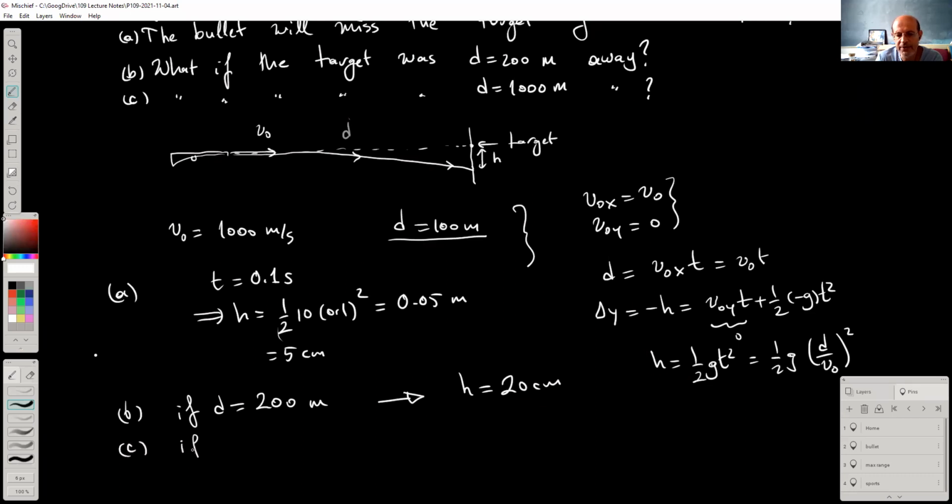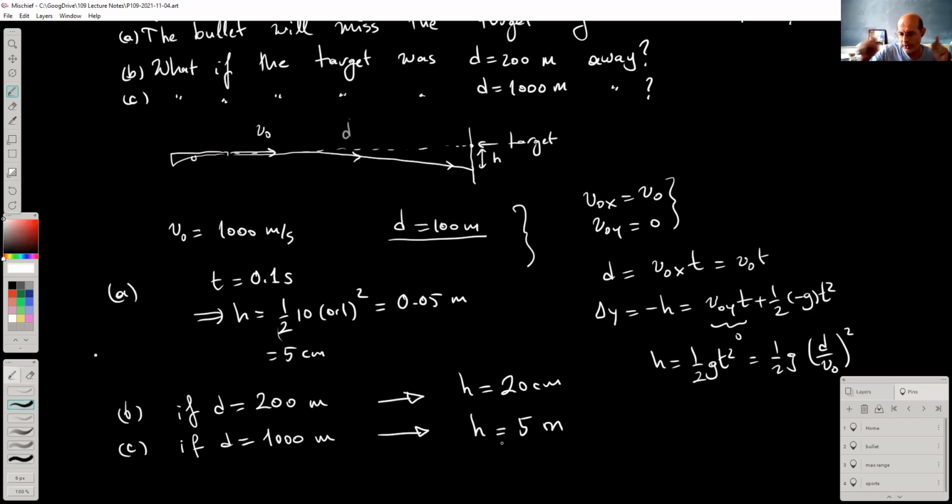And part C, if the distance is 1 kilometer, the distance is 10 times larger, in which case this is going to be 100 times larger. So that means this is going to be 5 meters then.